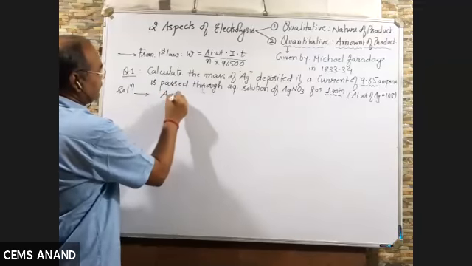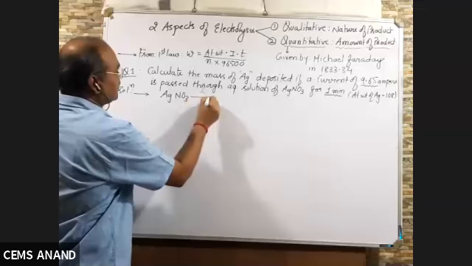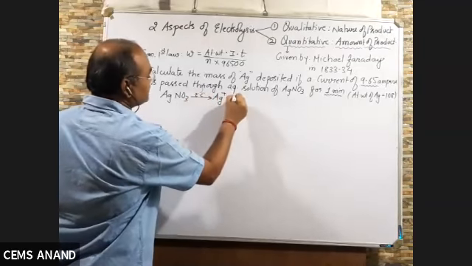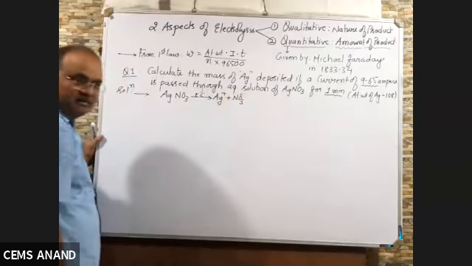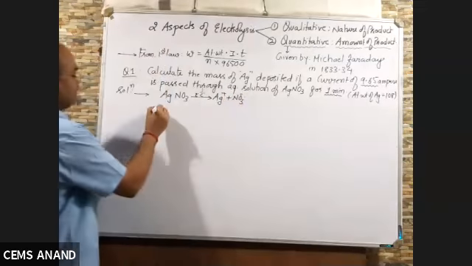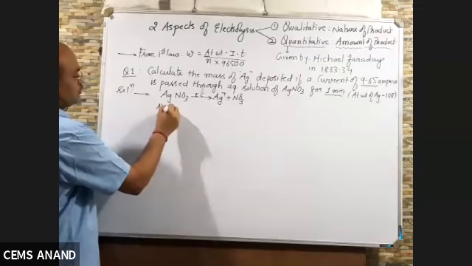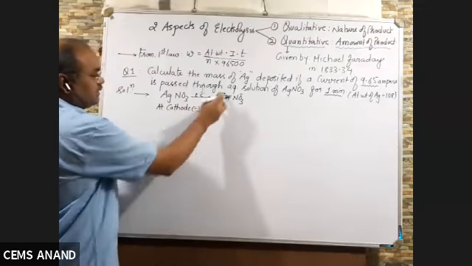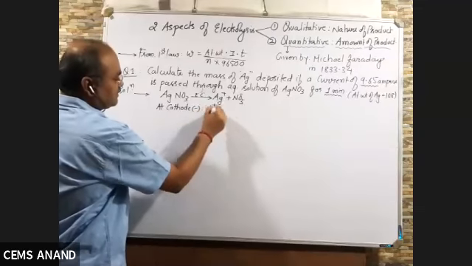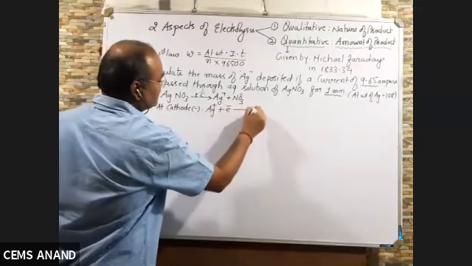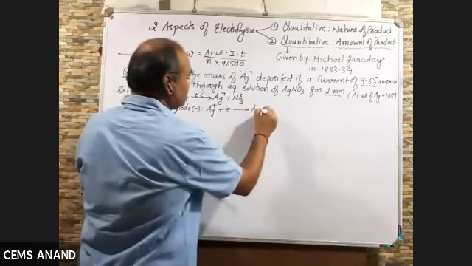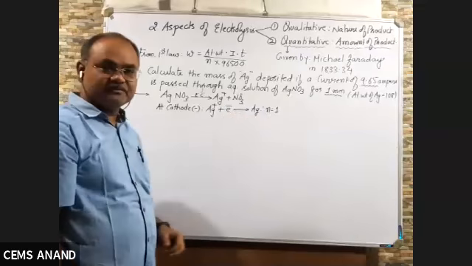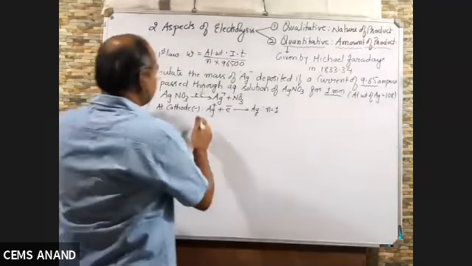We know that AgNO3, on passing electric current, gives Ag plus and NO3 minus. At the cathode, Ag plus will be attracted, and Ag plus plus electron gives Ag. Therefore, N is equal to 1. The number of electrons transferred is 1. So now you can find the weight of Ag.